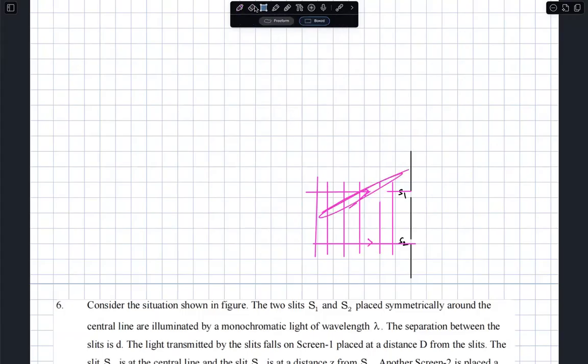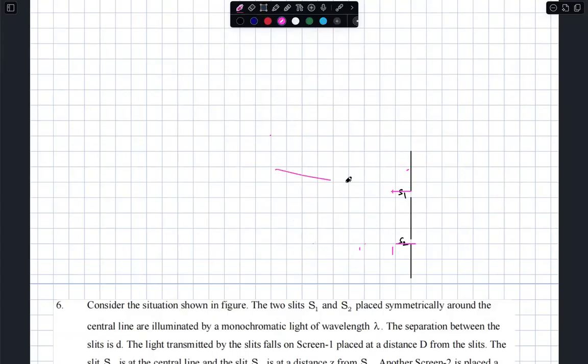Now you take a different case. Suppose the source is a virtual source, for example, then light will extend like this.